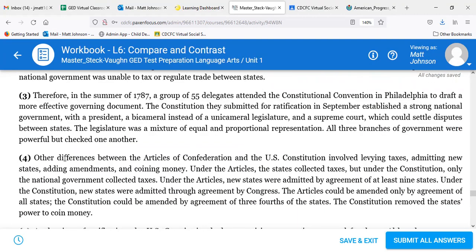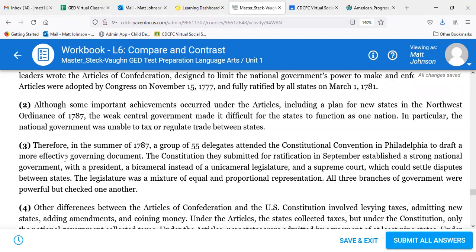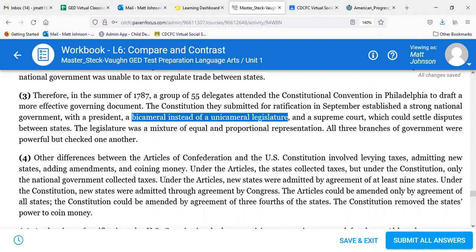And I'll point that out again right here. So the Constitution, submitted for ratification in September, established bicameral instead of unicameral legislation.